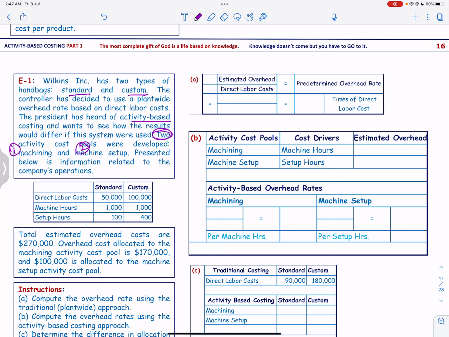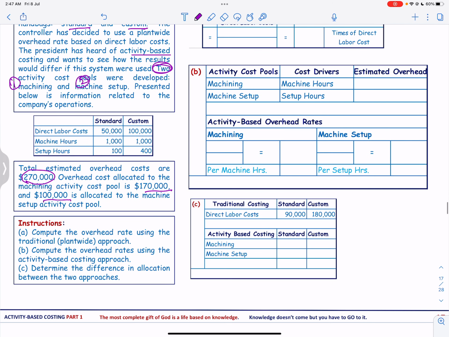We have direct labor, machine hours, setup hours. So the total estimated overhead cost is 270,000. Overhead cost allocated to machining activity cost pool is 170 and 100 is allocated to machine setup activity. Compute the overhead rate using the traditional approach.